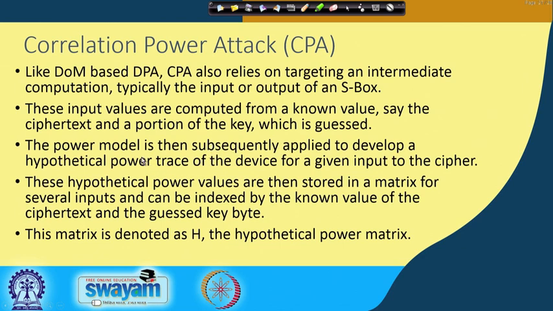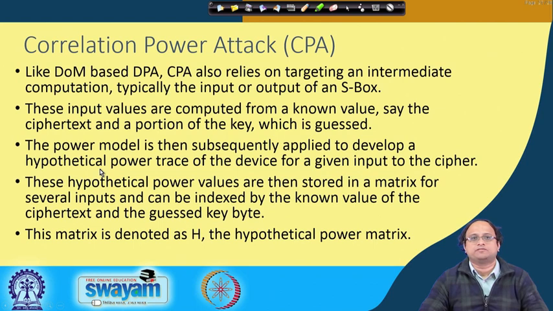But in CPA, the subtle change is that you apply a power model, and rather than predicting one of the key bits to split the power traces as we were doing in DOM, we try to develop a hypothetical power trace of the device for a given input to the cipher. These hypothetical power values are then stored in a matrix for several plain texts and can be indexed by the known value of the cipher text and the guessed key byte.